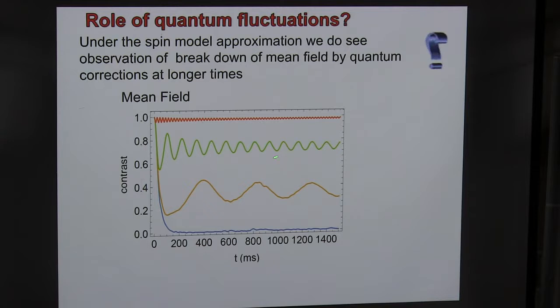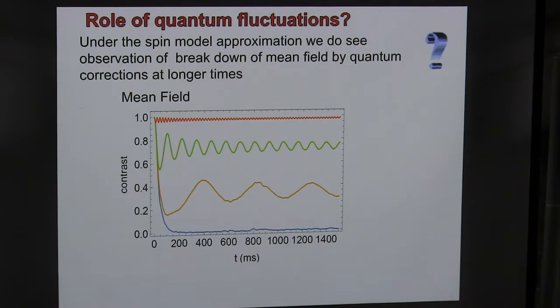But if we look at the mean field dynamics for different values of the interactions, we see weakly interacting behavior at the mean field level, and as we go to stronger interactions, we see the oscillatory behavior and the full stabilization for strong interactions. But the question is how long this behavior is valid, even just for a simple formulation of the spin model.